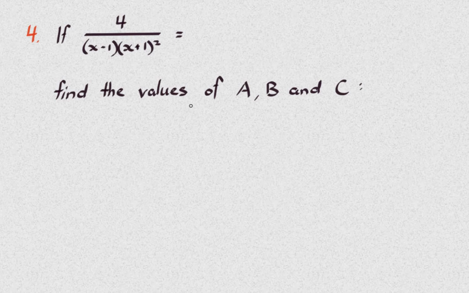And I want us to guess as to how we should set this up, just like what we've been doing previously. And one such way might be to think, okay, well, x minus 1, that could be my first fraction, so some unknown numerator over x minus 1.